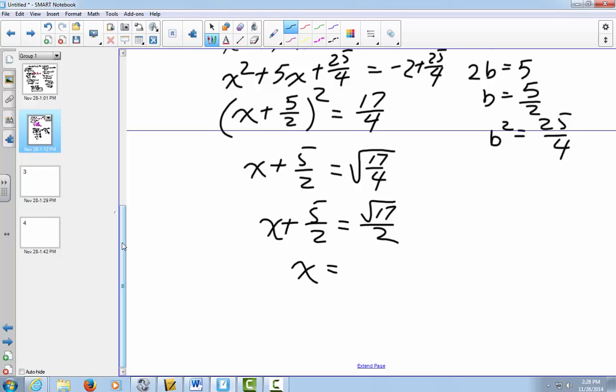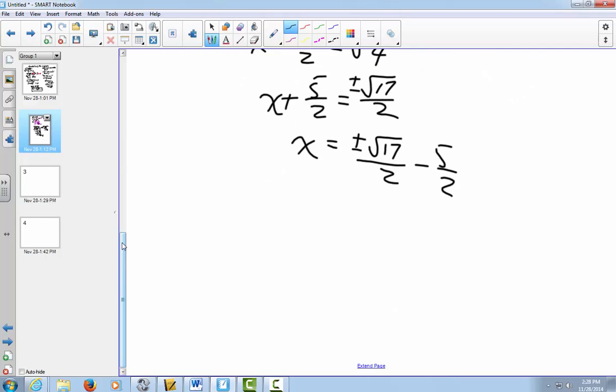And I still have the plus or minus, I keep forgetting those all the time. Plus or minus square root of 17 over 2 minus 5 over 2. I have a common denominator, gotta love it. x equals plus or minus square root of 17 minus 5 over 2.